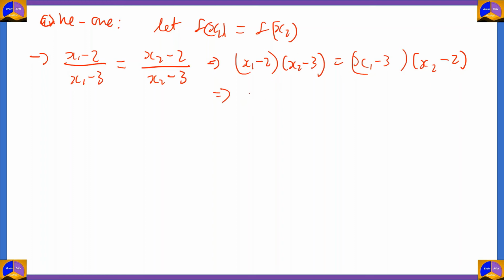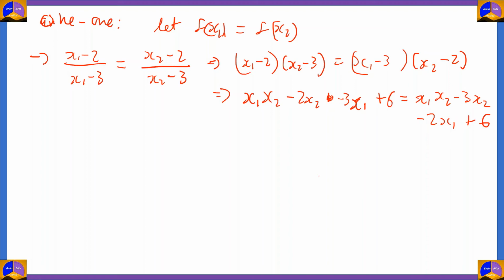So we'll do multiplication. We'll get x1x2 minus 2x2 plus 3 minus 3x1 plus 6, which is equal to x1x2 on the other side, minus 3x2 minus 2x1 plus 6.